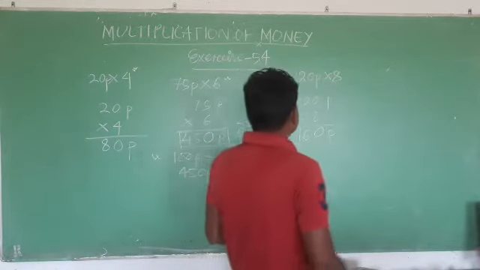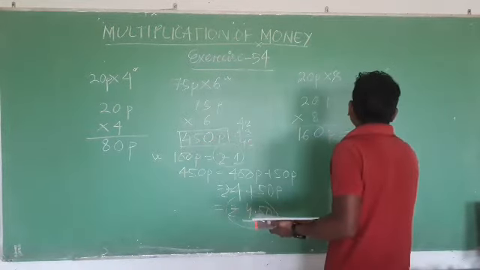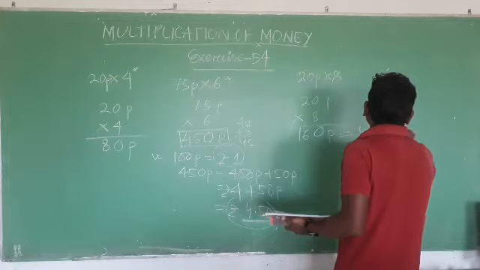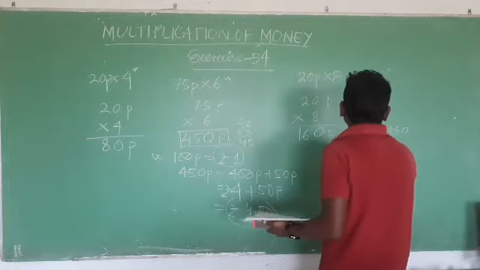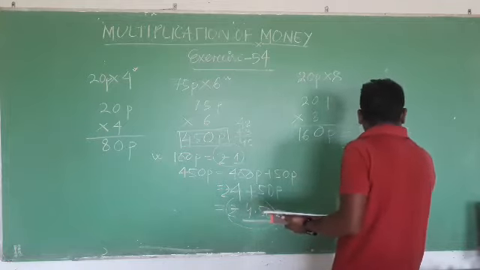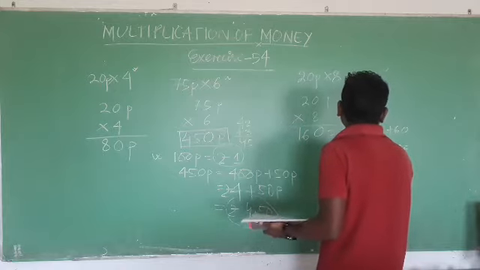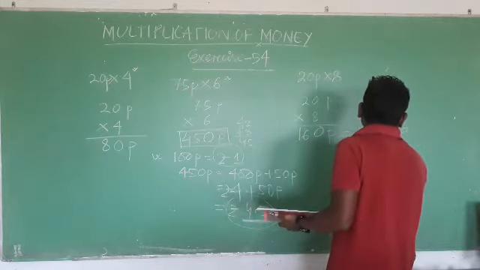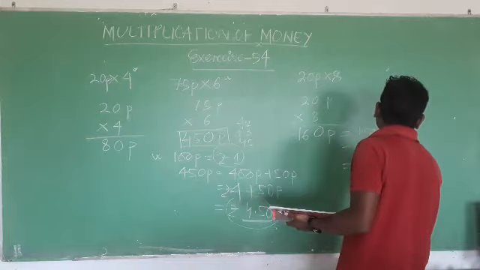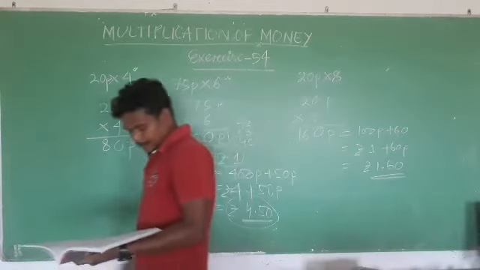Okay, now this can be written 100 paisa plus 60 paisa. Now 100 paisa equals rupee 1 plus 60 paisa, right? So that is equal to rupee 1.60. This is the answer. Okay.